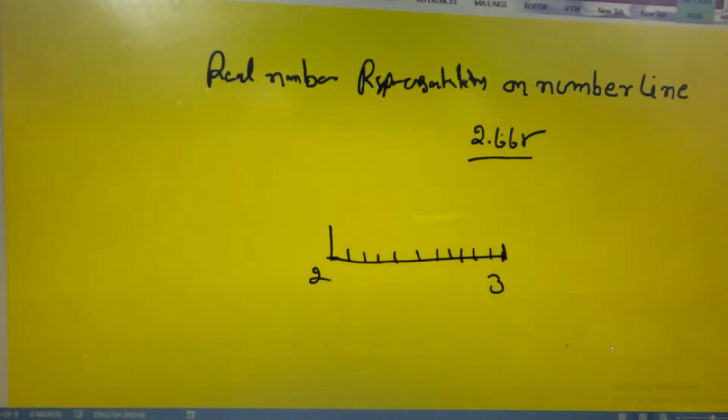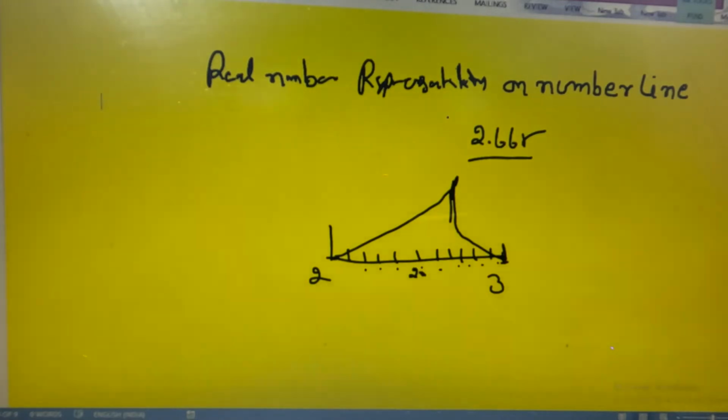So first we mark 2.1, 2.2, 2.3, 2.4, 2.5, then 6, 7, 8, 9, 10. Here 10 is complete. 2.5, 2.6, and 2.665 is like that here. So if we want to represent 2.665 on the number line, it is this point.